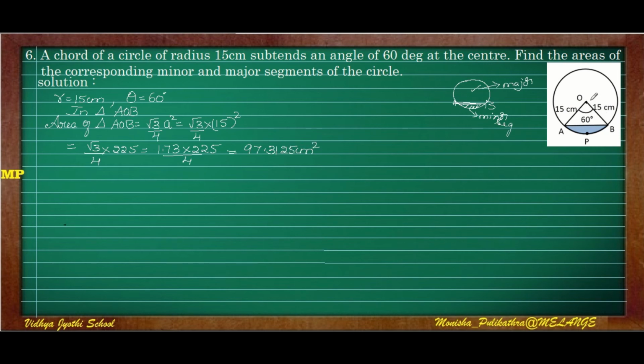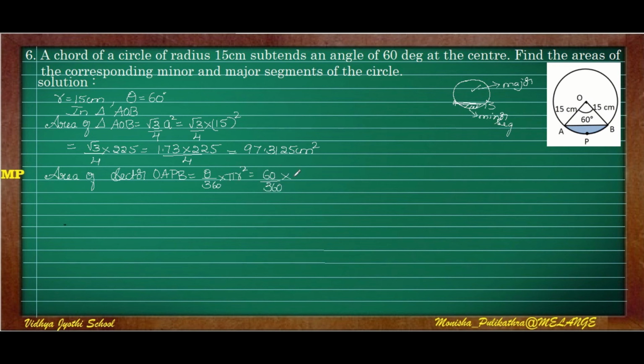But we have to find out the entire sector. Second, we have to find out area of sector OAPB. Just now we have found out area of triangle. Now we have to find out the whole area of sector. That is theta by 360 into pi r square. Theta is 60 divided by 360.